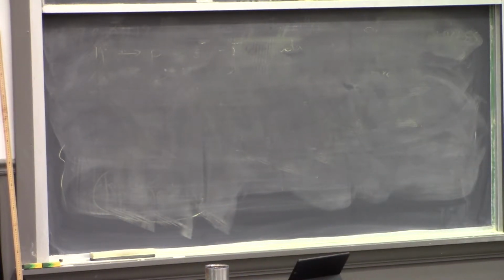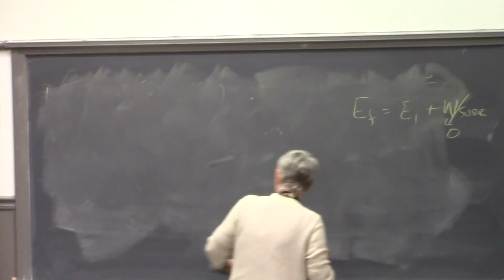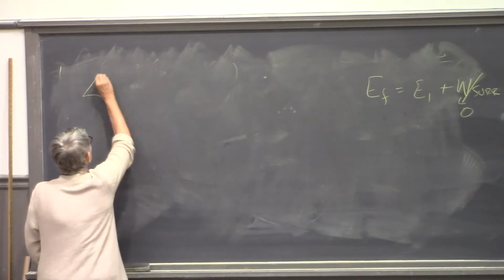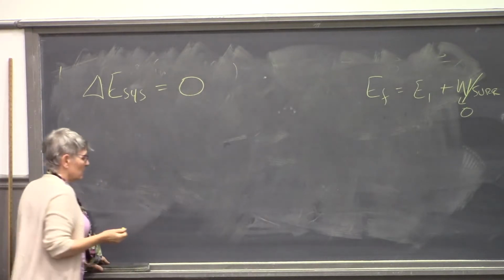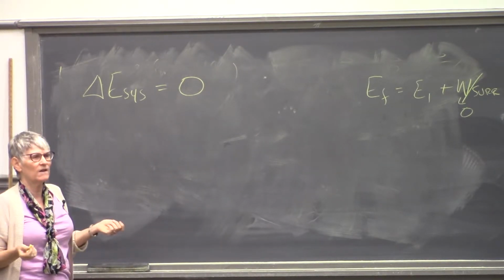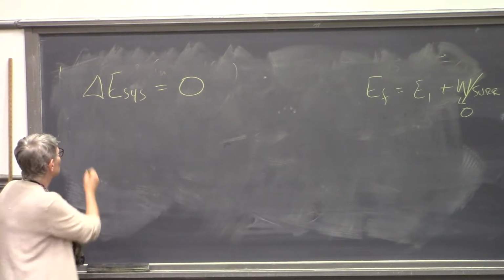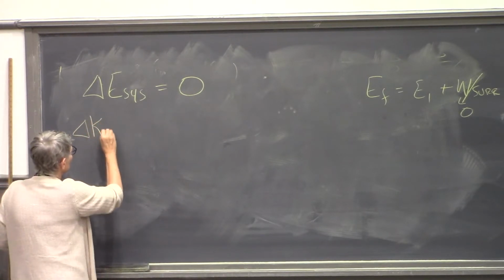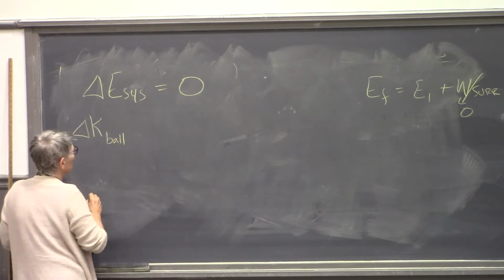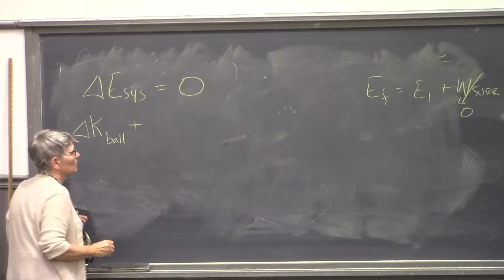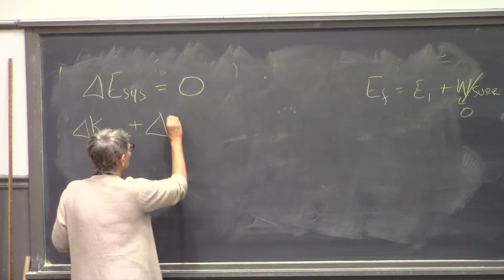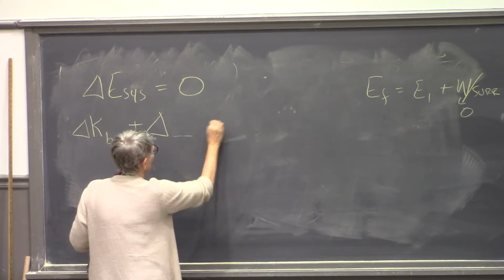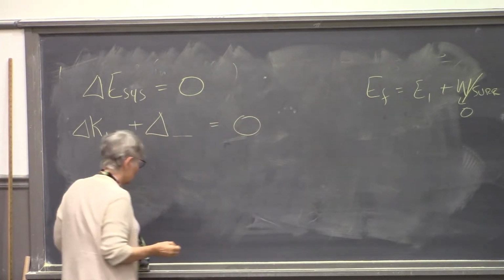And so if we write the energy principle this way, the change in energy of our system should be 0, then we had the change in kinetic energy of the ball plus the change in something else about the system has to be 0.